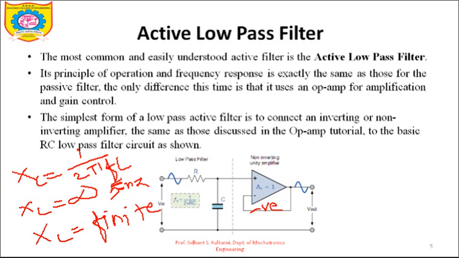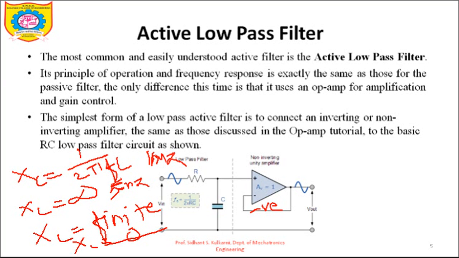As in this range of frequency it gives a finite value, those frequency components will be passed. Let's assume the frequency is very high, let's say 1 gigahertz or 2 gigahertz. Definitely Xc will turn out to be 0. So it is giving 0 impedance to the high frequency component.